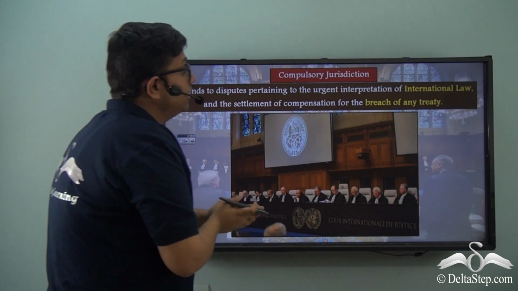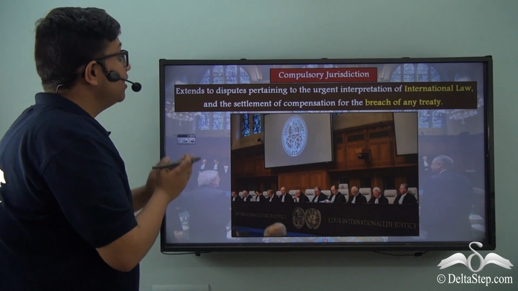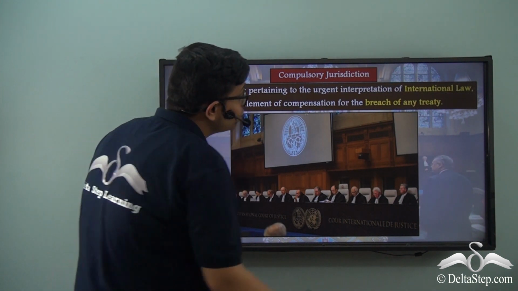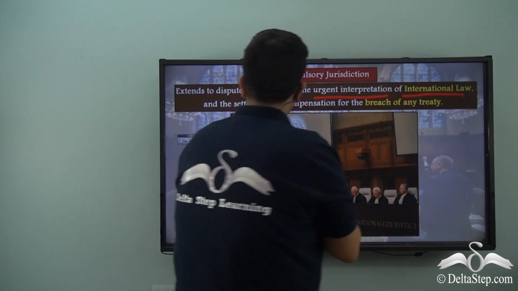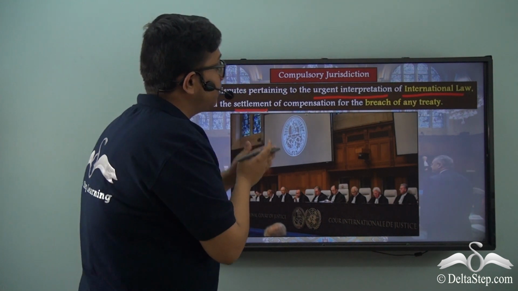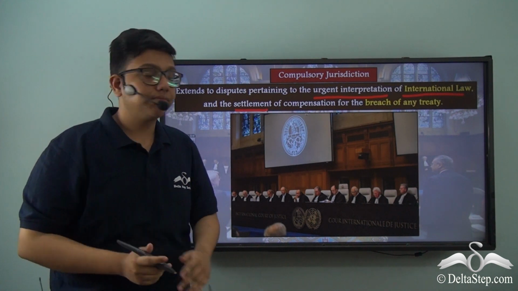Now, this compulsory jurisdiction of the International Court of Justice also extends to those disputes, especially the ones pertaining to the urgent interpretation of international law, and also the ones which involve the settlement of compensation whenever a breach of any treaty occurs.